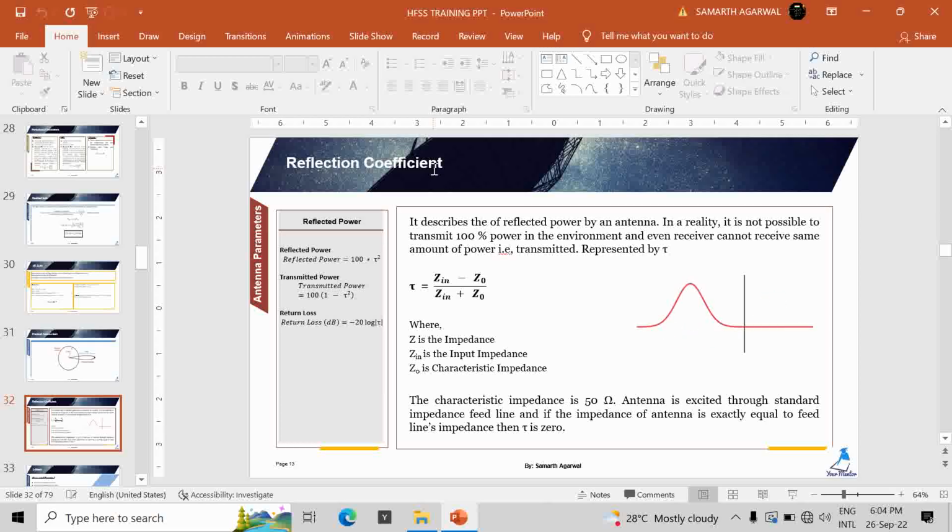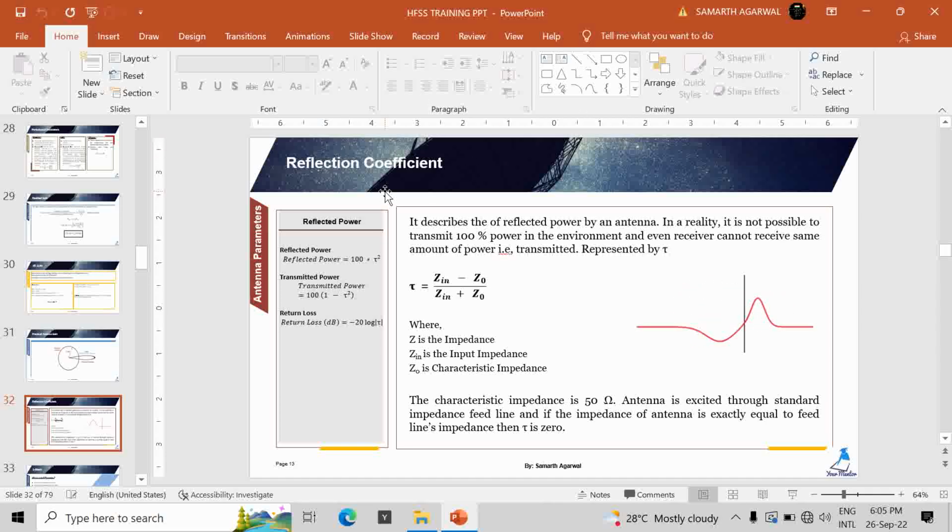And one kind of S parameter, if you have heard S11, S12, in case of a two-port antenna network, a two-port device, it will have 4 elements: S11, S12, S21 and S22. S11 and S22 are the reflection coefficients and S21 and S12 are the transmission coefficients. This we will see in a coming slide.